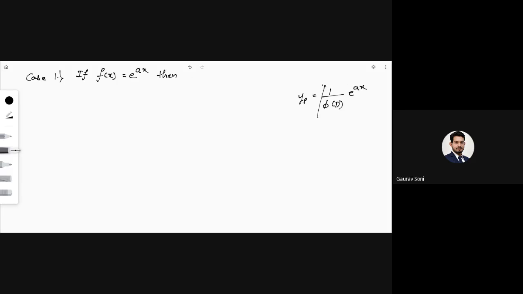This is what I have to check out. So if f of x is equal to e raised to ax, then y p is equal to 1 upon phi of D e raised to ax, which will be equal to 1 upon phi of a e raised to ax.